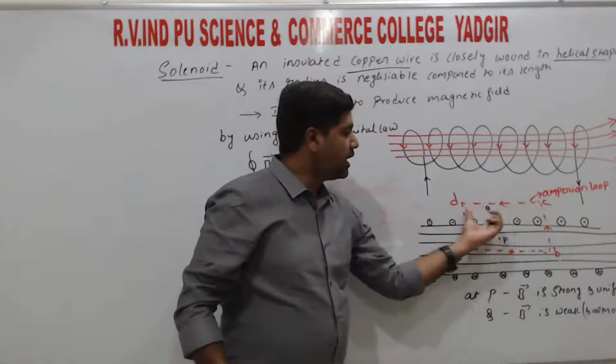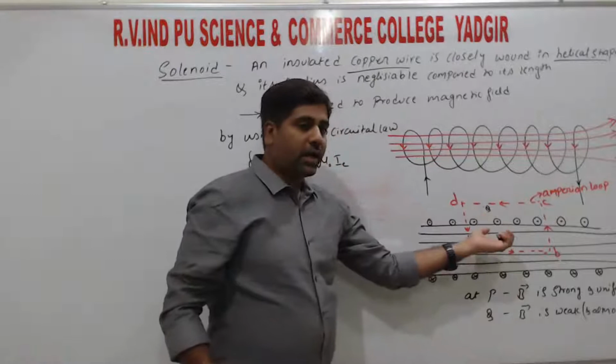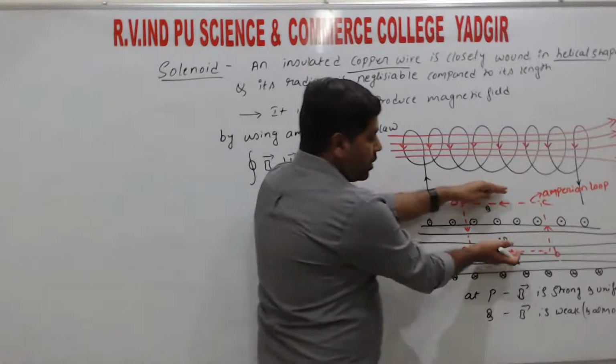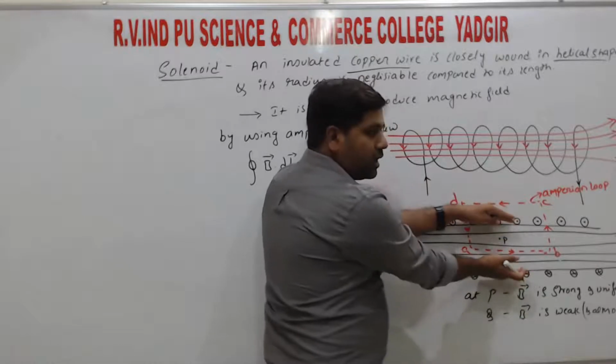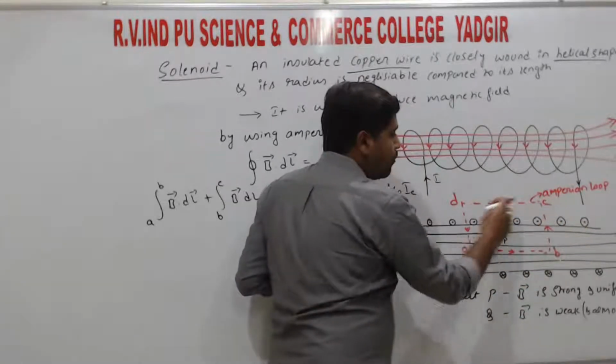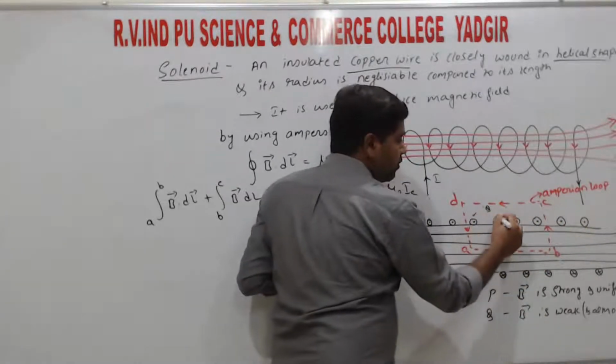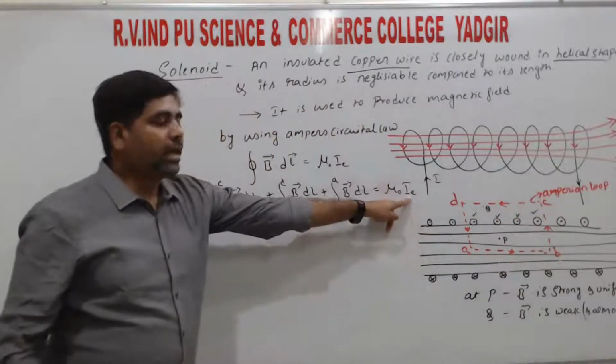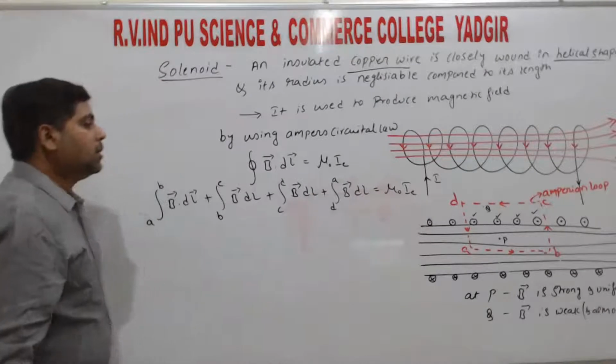So we can take directly the area of the rectangle, or we can take each side individually. The flow of current in the Ampere loop is enclosed, which we represent by I E, right?